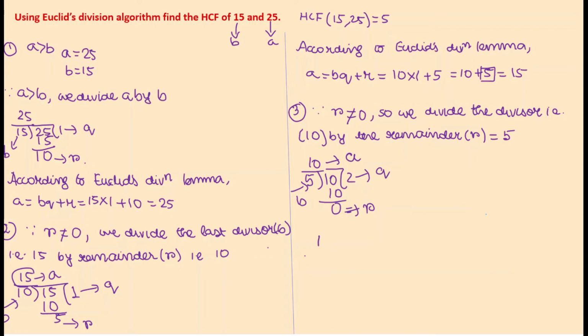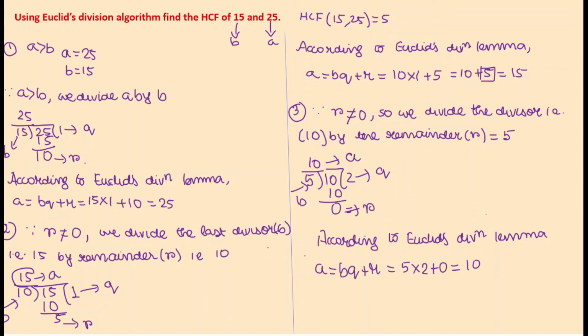As the remainder came out to be 0, according to Euclid's division lemma, I can write A equals BQ plus R, where B is 5, Q is 2 and the remainder is 0.